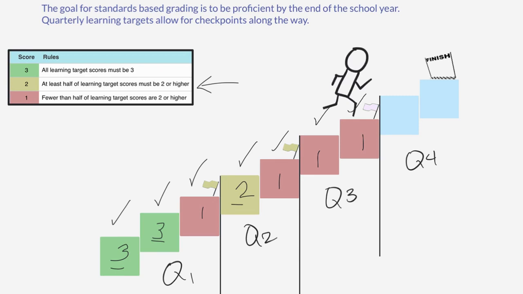Now we are at a place where the student no longer has at least half of the learning targets at a 2 or higher. There are 1, 2, 3, 4 learning targets at a 1. So fewer than half of the learning targets are at a 2 or higher, and on the third quarter report card, this student will receive a 1.